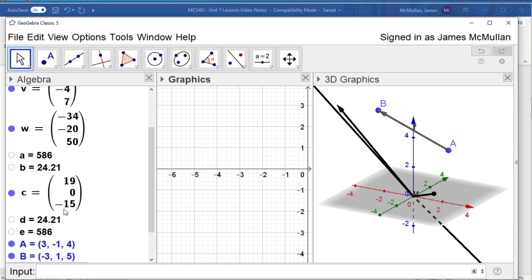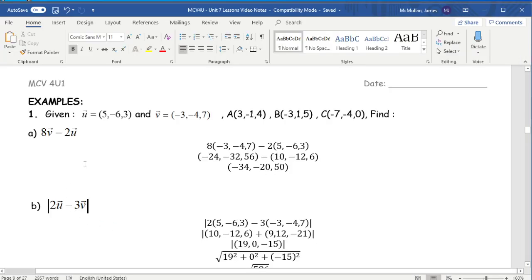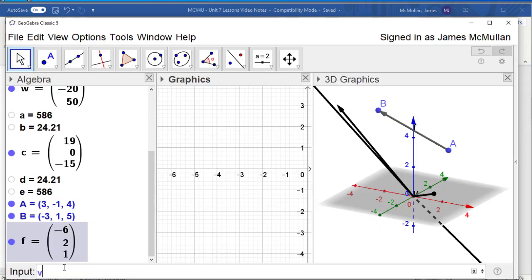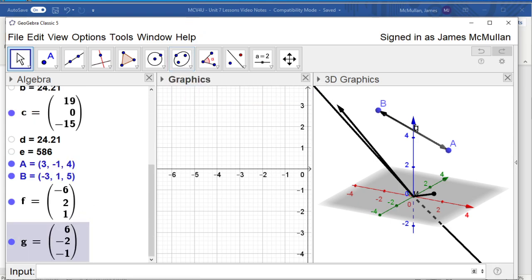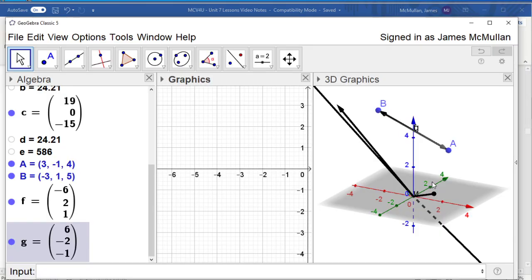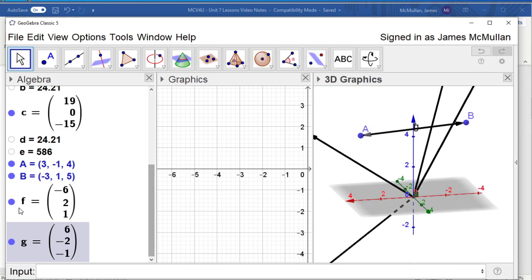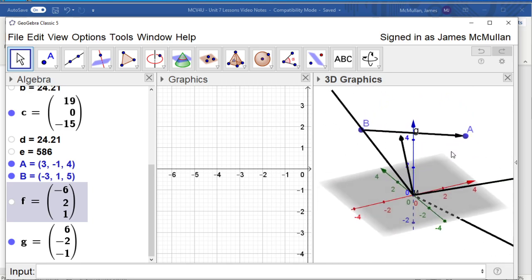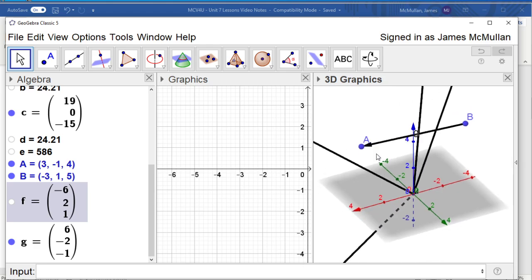Let's go vector AB. And I think I was actually supposed to find vector BA, so sorry. I'll type it the other way. Vector BA is equal to 6, -2, -1. And that's exactly what we said. And that vector BA is just up here. I'll just hide this one. It goes from B down to A and just joins those two points in space.